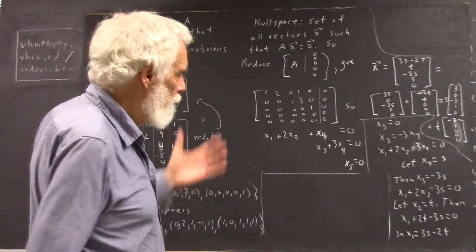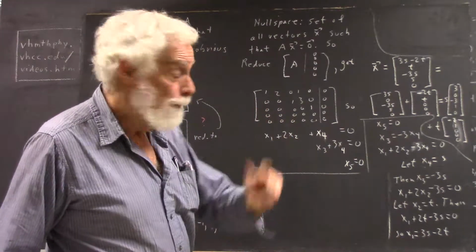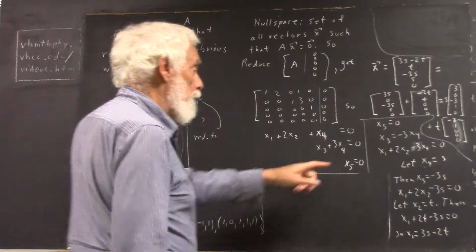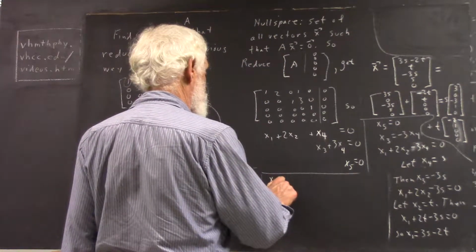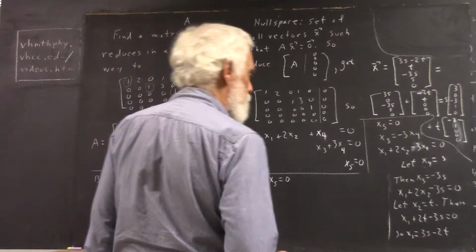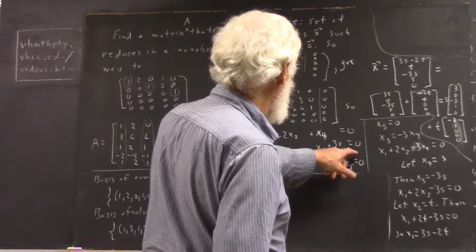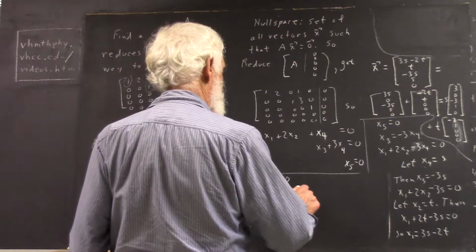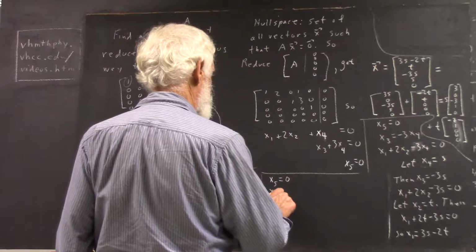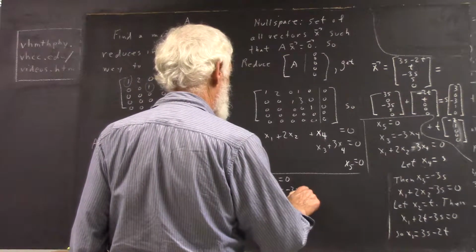We can see that we have 3 equations in 5 unknowns. That gives us 2 free variables. Now x5 is not free. We know that x5 is 0. And then since x3 plus 3x4 is 0, that tells us that x3 equals negative 3x4.